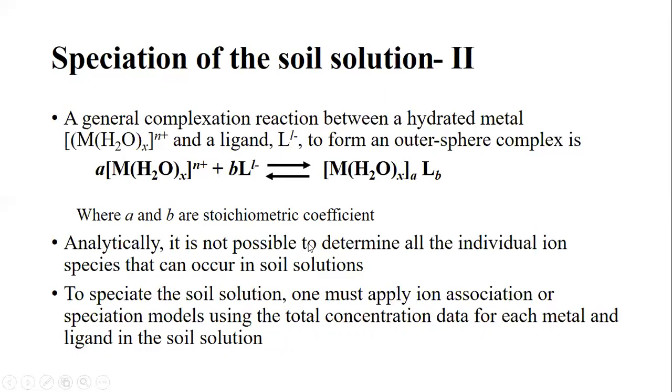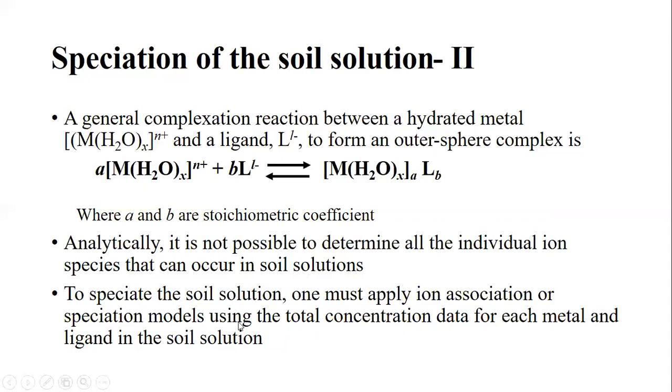Analytically, it's not possible to determine all individual ion species that can occur in salt solutions. We already said that. To speciate the salt solution, one must apply ion association or speciation models using the total concentration data for each metal and ligand in the salt solution.